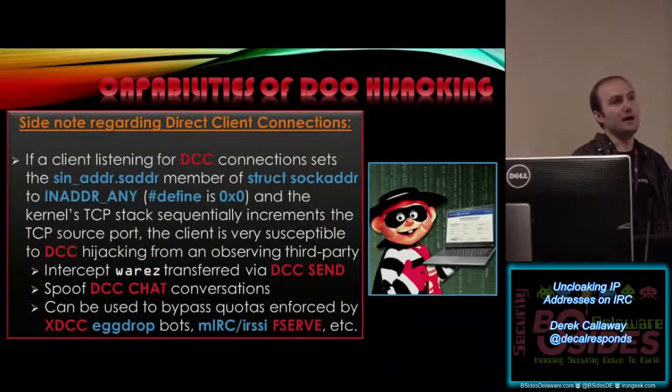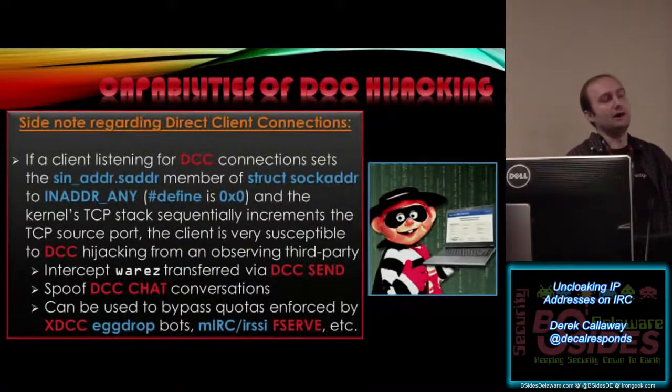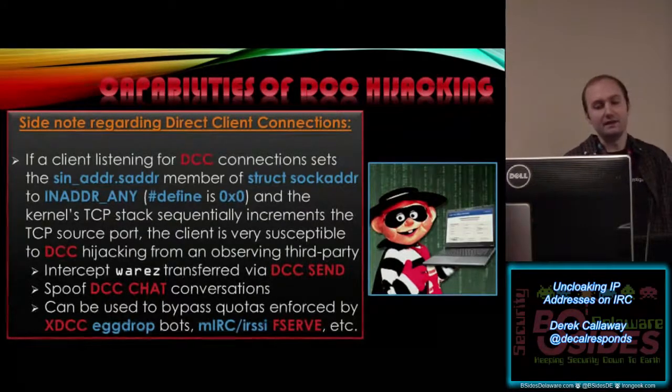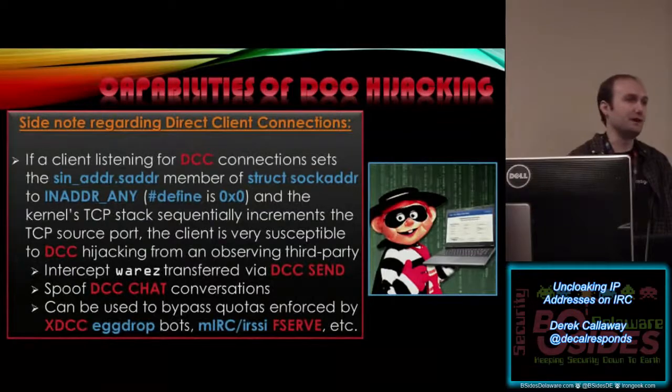So if they bound to network port 1025 the first time, they're going to bind to 1026 the next time. So you can connect to that port before the intended recipient binds to it and download the file for yourself.